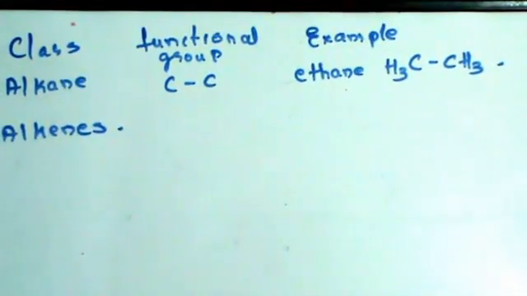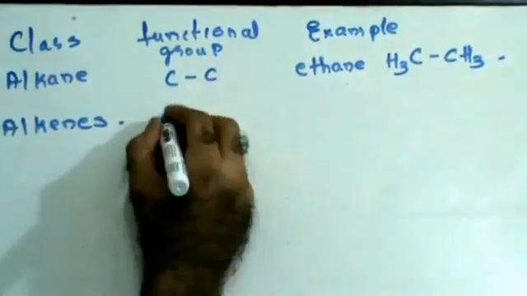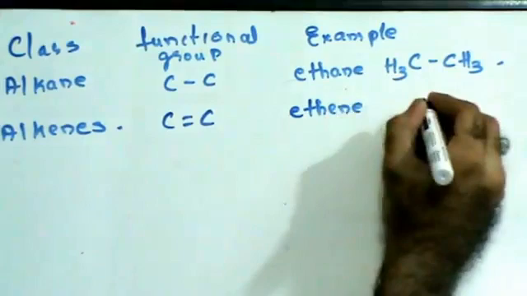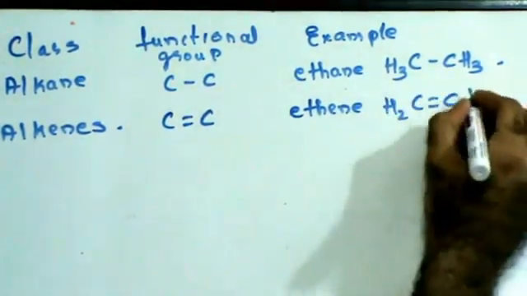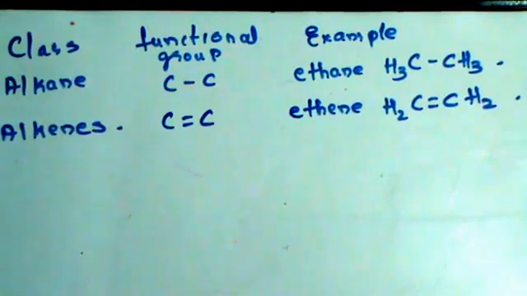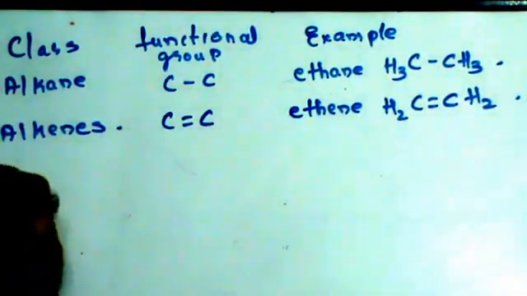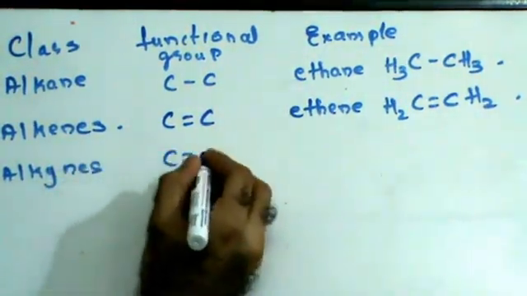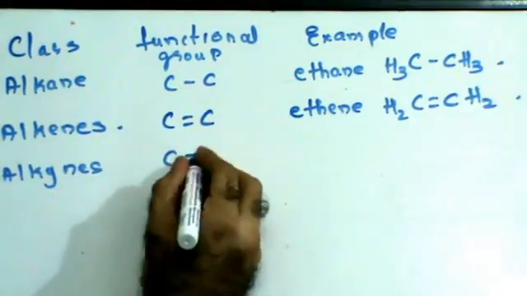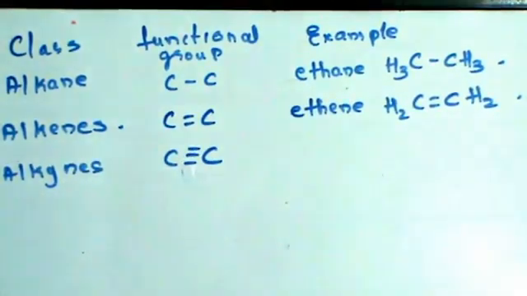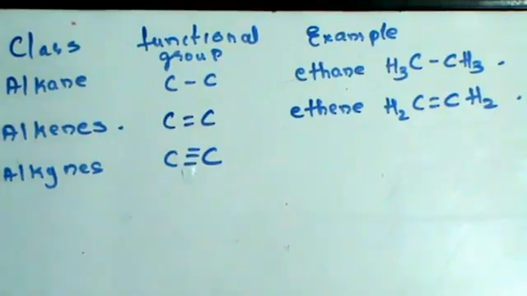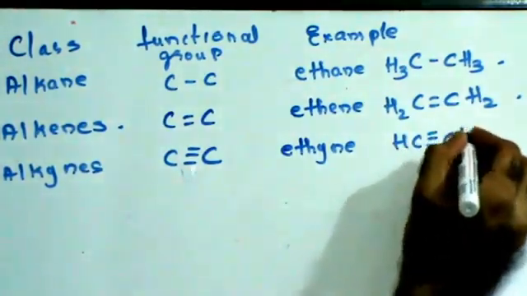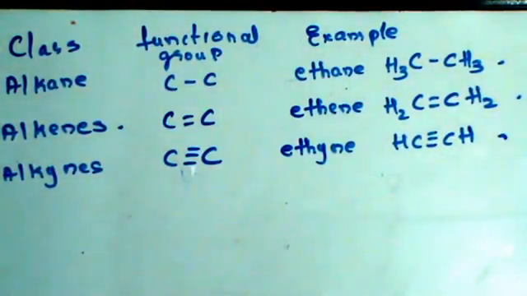What are alkenes? Alkenes are carbon-carbon double bond. Example, ethene, H2C=CH2. Right? Next, third, alkynes. Carbon-carbon triple bond is alkynes. For example, ethyne, HC≡CH. Triple bond between carbon and carbon.